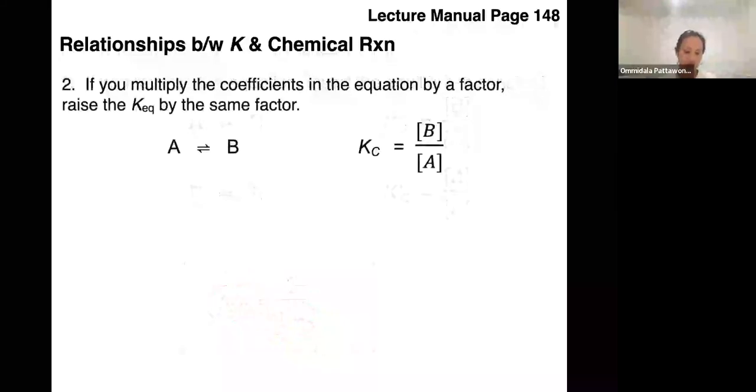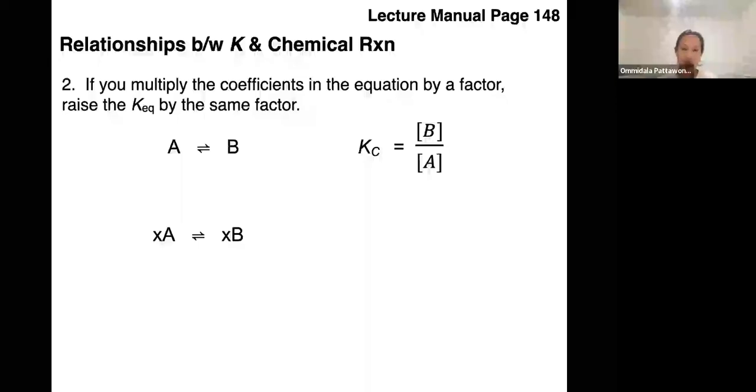Now let's take a look at the second one. If you have the same reaction again, A to B, Kc is expressed the same way, product over reactant. If we multiply this reaction by a certain number, let's say you multiply it by X, now A and B have different coefficients. Remember that in Kc you raise each of the species to its coefficient.